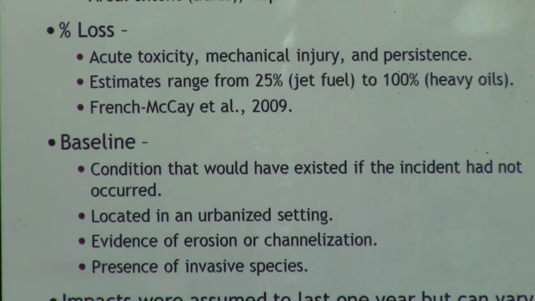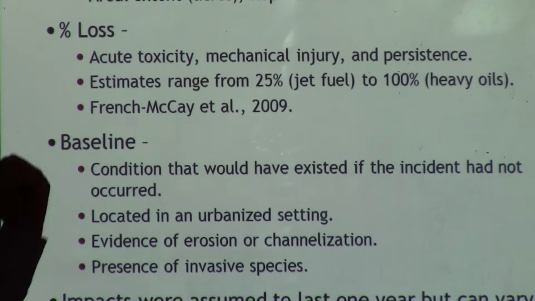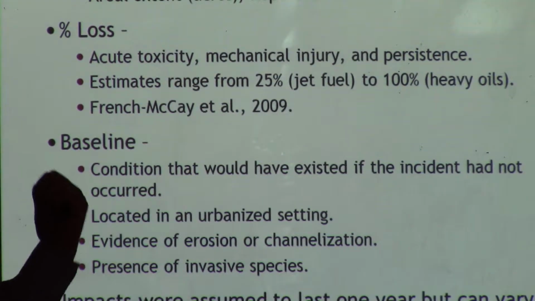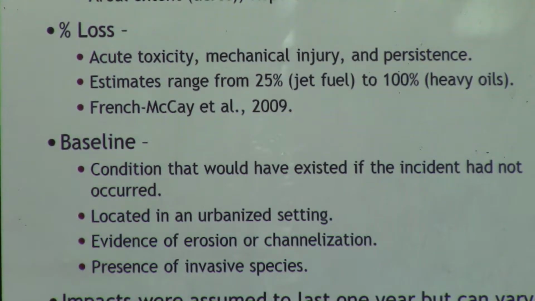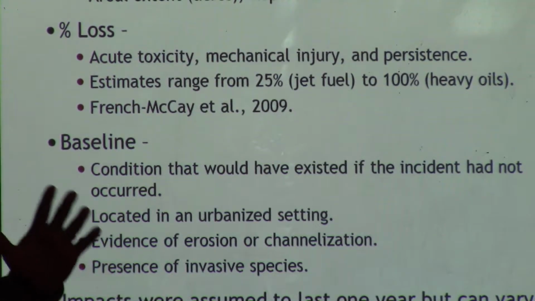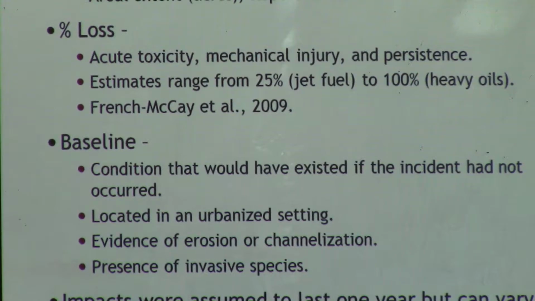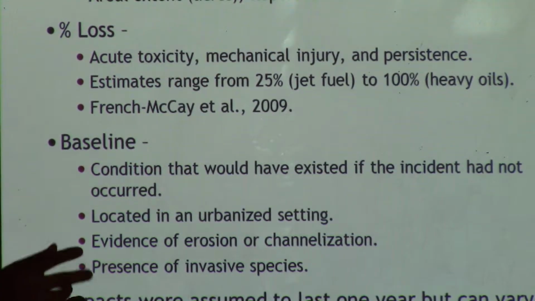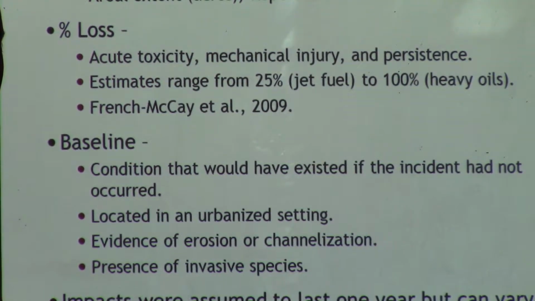And this is coming from French McKay et al., which is relied on for a number of other NRD assessments. And we also looked qualitatively at other spills to see how it matched up with the fuel type that was spilled there and the habitat types. And it was in line with all of that. But is gasoline, that's lighter than the jet fuel, so 25 is as low as you go?